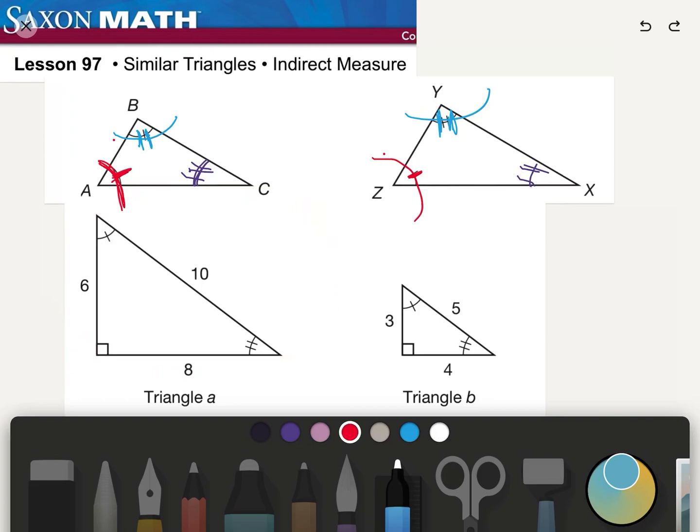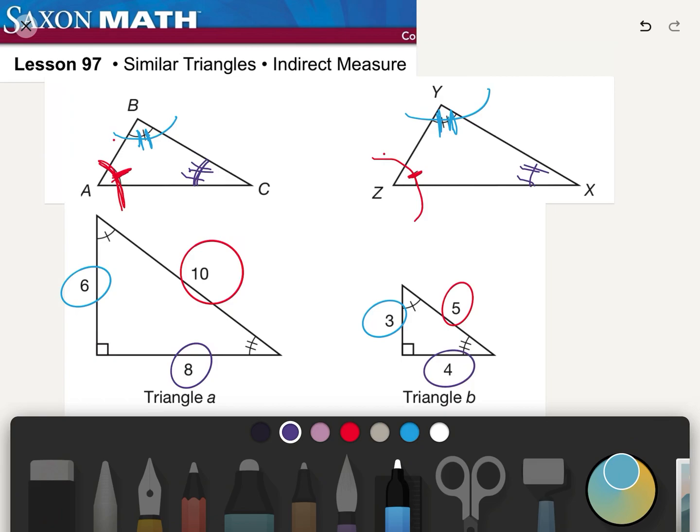The side that has a length of 10 over here is half as much as 5. And the same will be true of all of the other side measurements. So 3 is half of 6, 4 is half of 8.